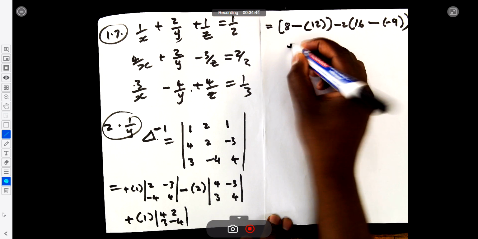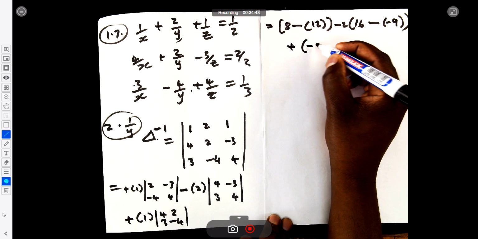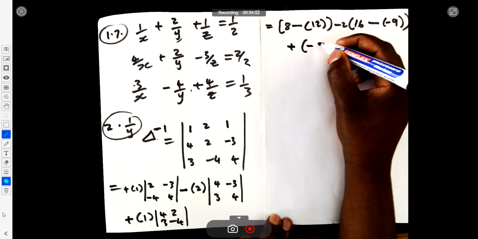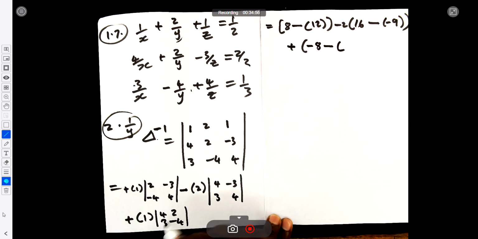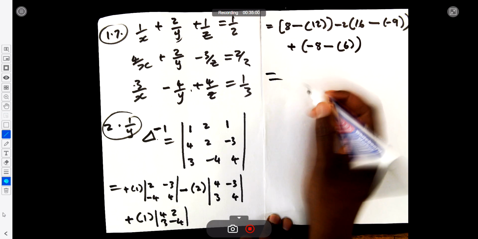Therefore, plus 1 times 4 times 4, which is negative 8. Therefore, minus 3 times 2, which is 6. You can get the answer there.